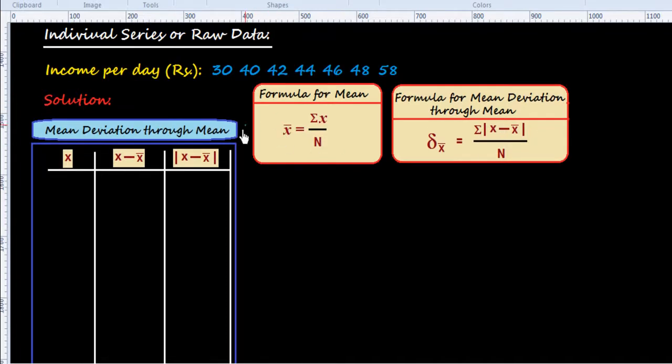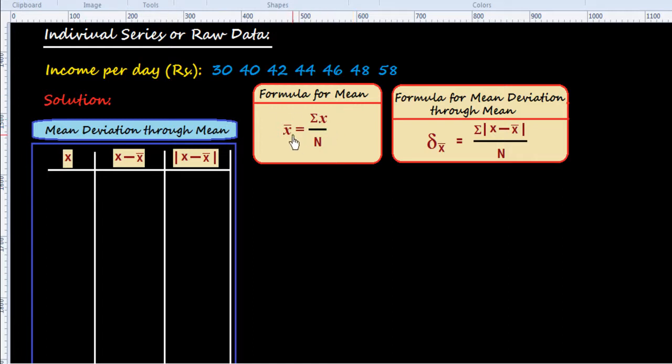Here you see we have taken one example, an individual series or raw data. The data given is income per day in rupees: 30, 40, 42, 44, 46, 48 and 58. So for this, first I would like to explain the formula. The first formula is for mean, because we have to find the mean deviation through mean.